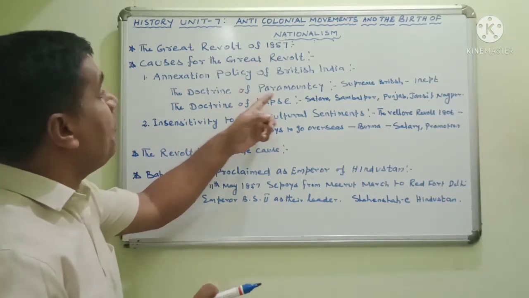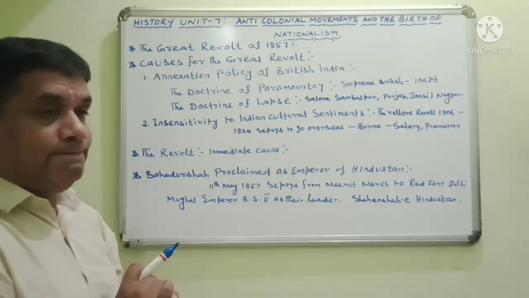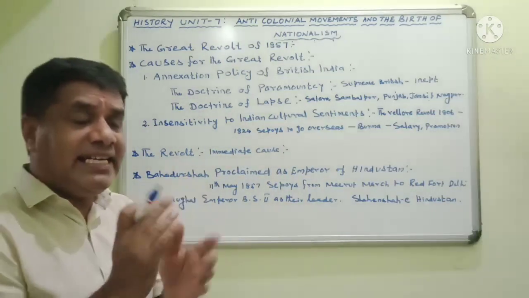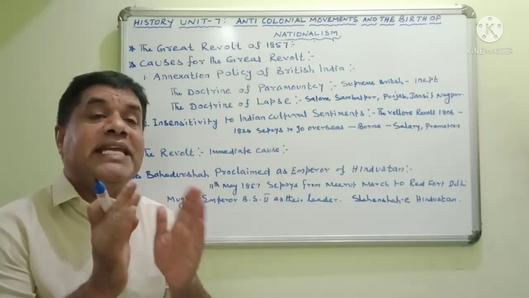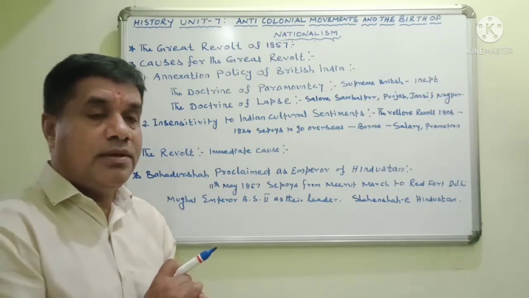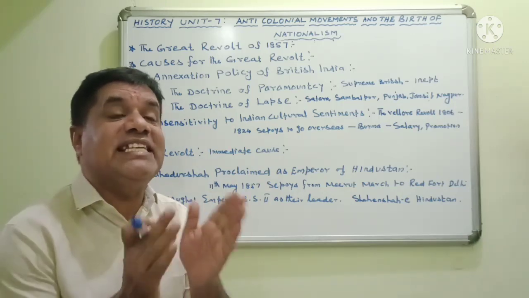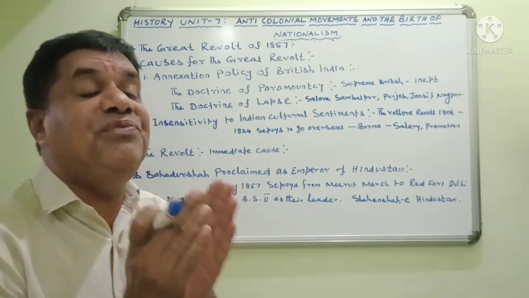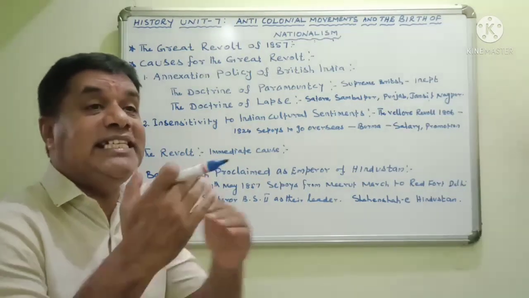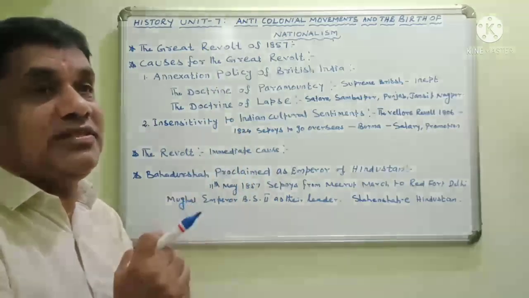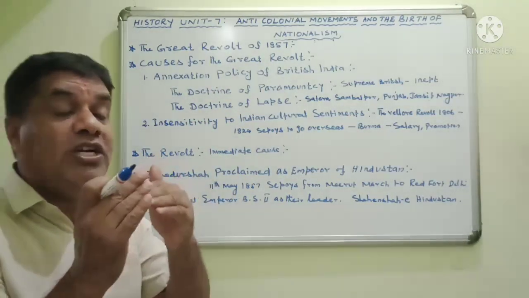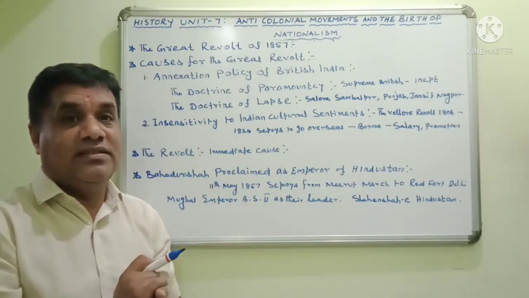The doctrine of paramountcy. The Britishers thought that they were the superiors, but Indians were the inferiors. Inferior means lower in position. The Britishers were higher in position, supreme. Paramountcy means higher in position.